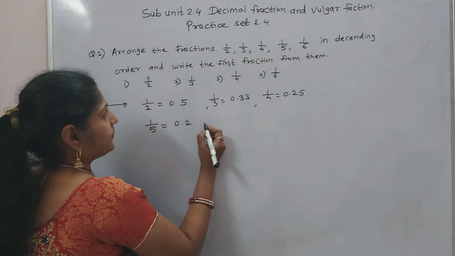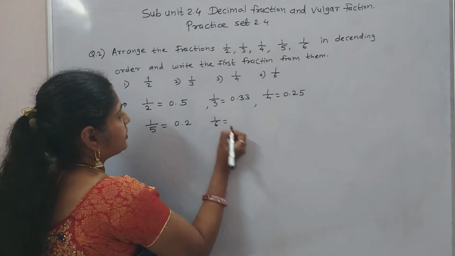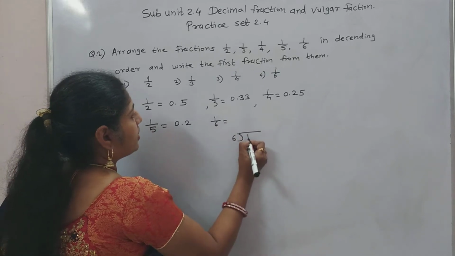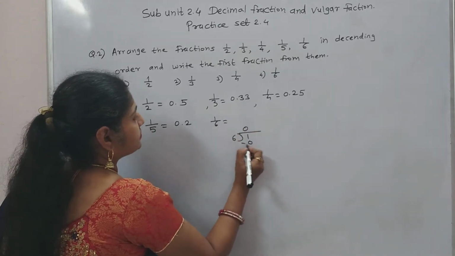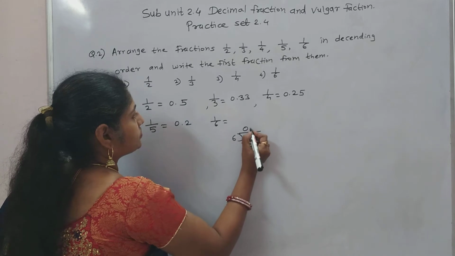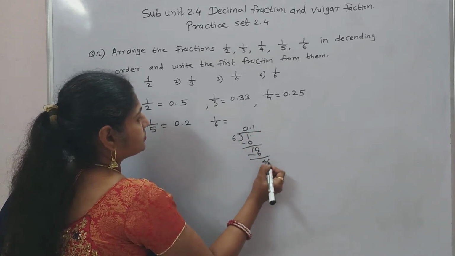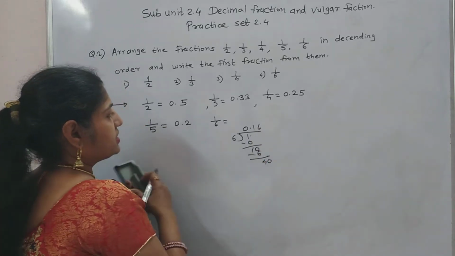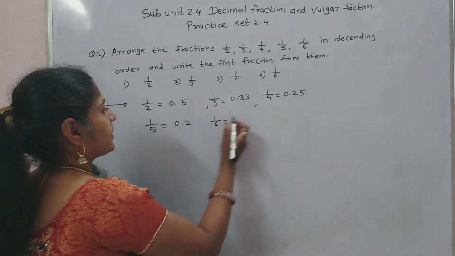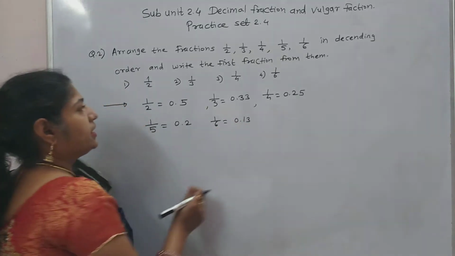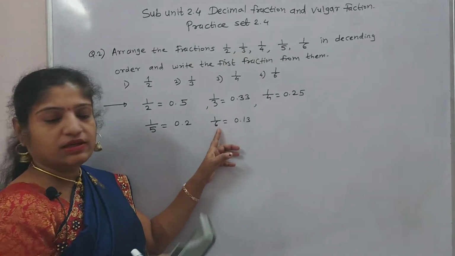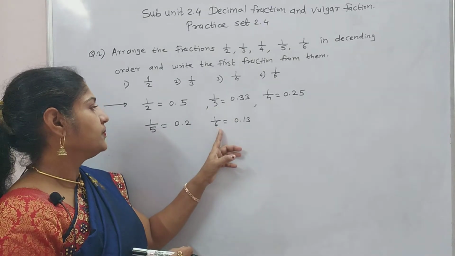5 2s are 10. Now 1 upon 6, 1 divided by 6. Decimal point, 6 1s are 6, 6 6s are 36, so 0.16. That is, 1 upon 6 is the smallest number.